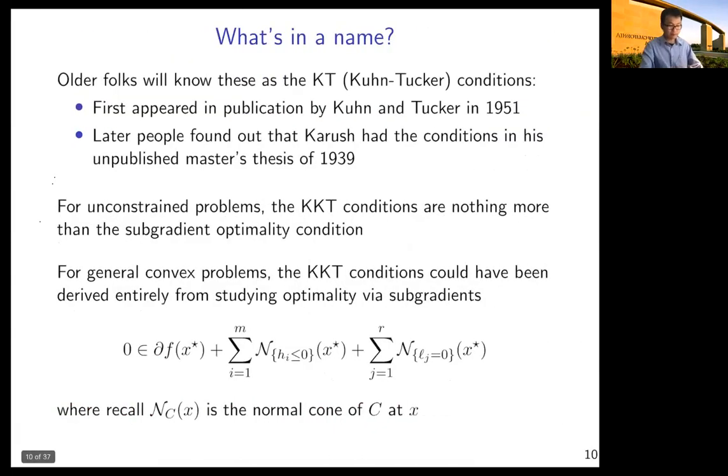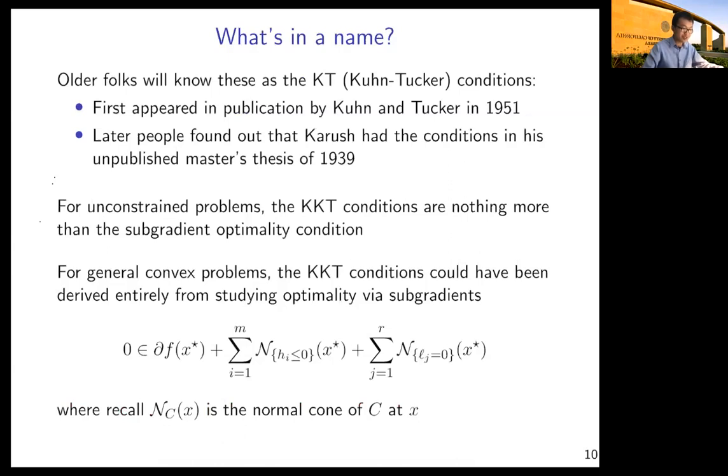So another thing I wanted to say about the KKT condition, just a little bit of anecdote, is where it's getting its name from. So what happened is the following. Kuhn and Tucker are mathematicians who contributed significantly to the development of convex analysis.